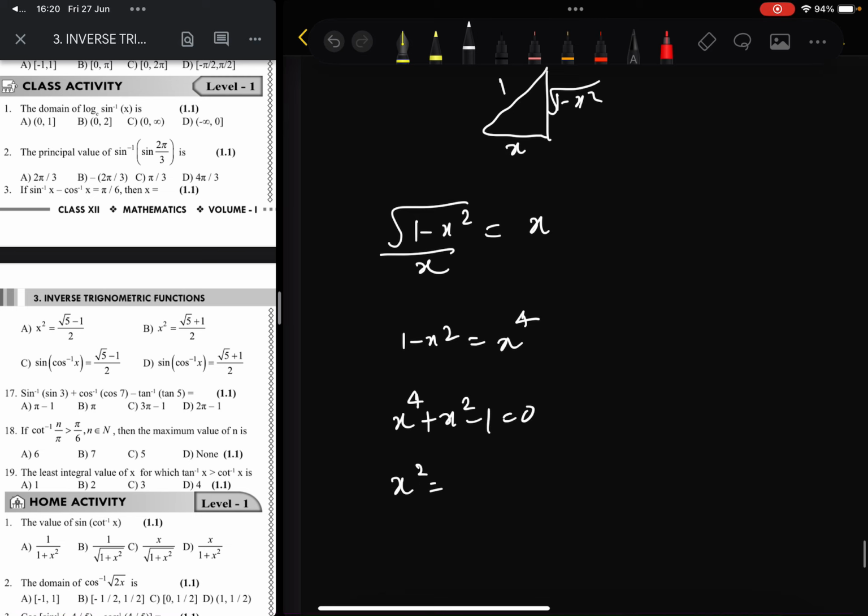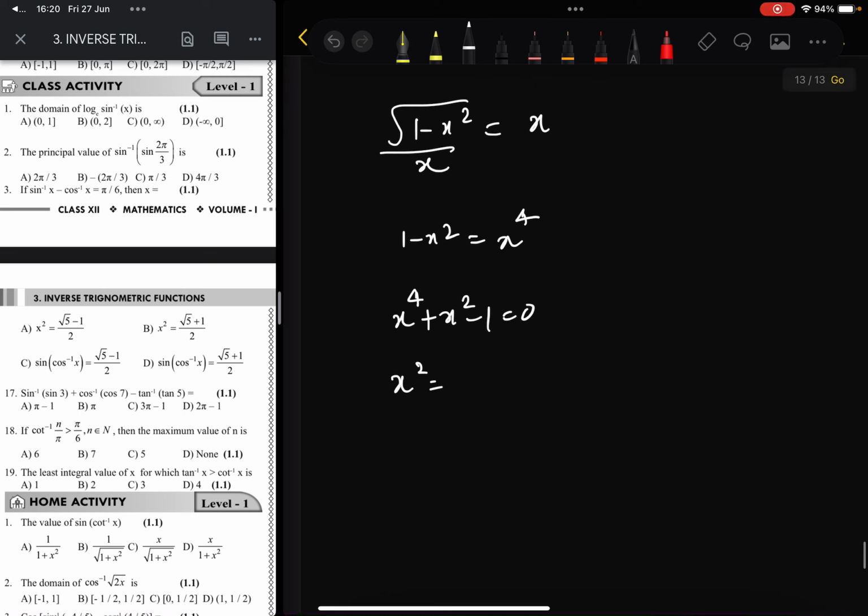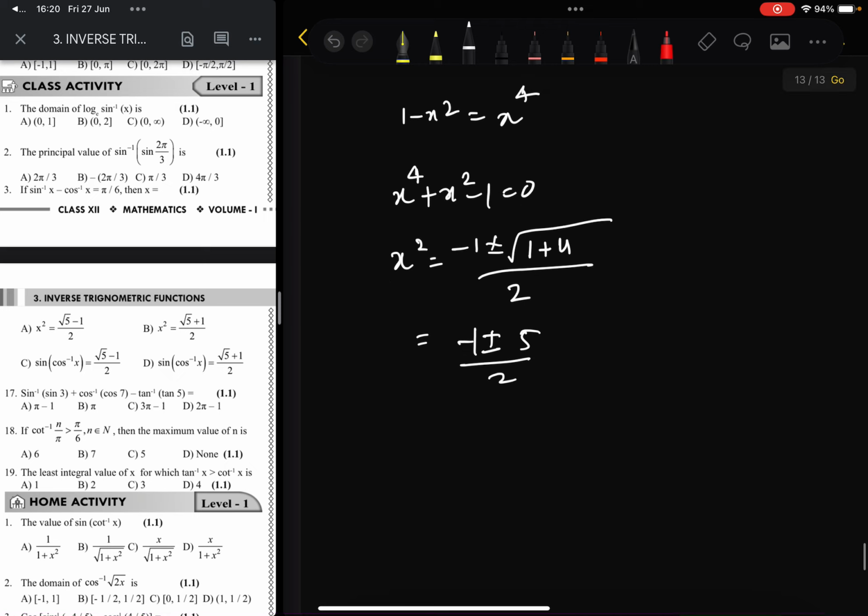Now find x square. You will get some extra solutions, right? That's why we have to check which solution is applicable here. So that is minus b plus minus root of b square minus 4ac, a and c both are 1, divided by 2. So minus 1 plus minus root 5 divided by 2.